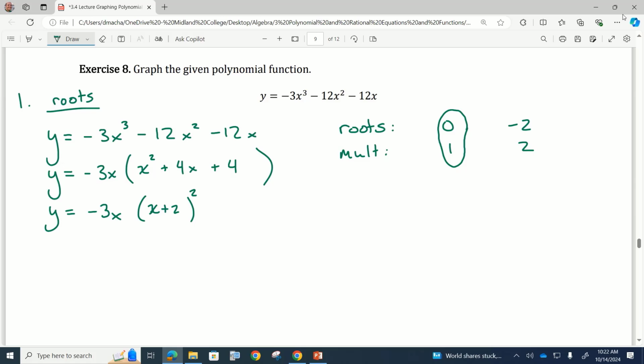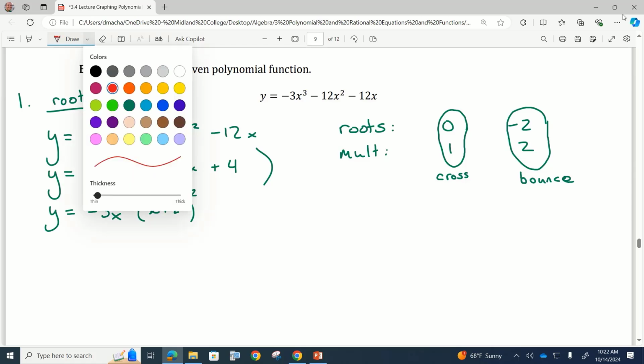That means my curve is going to cross the x-axis. If 2, my multiplicity is 2. If 2 is an even number, that means my curve is going to not cross. Or you might say it's going to bounce. Okay, that's step number 1.